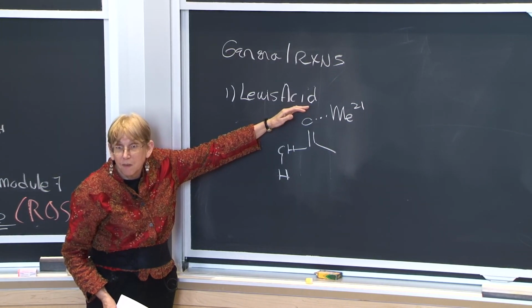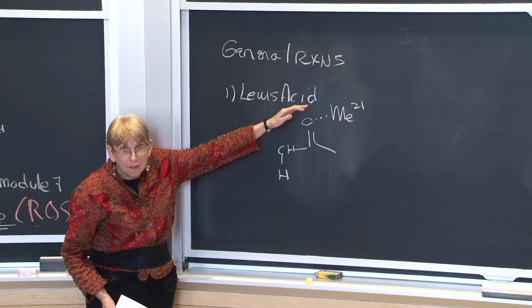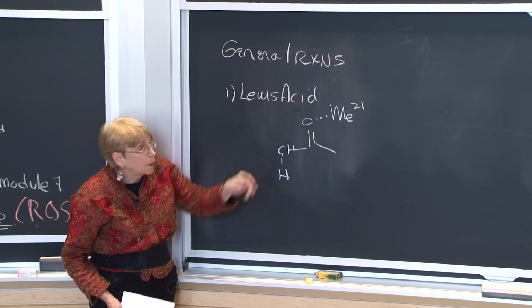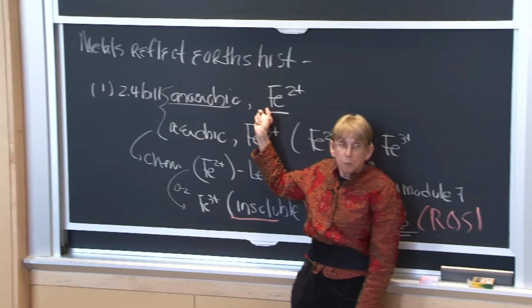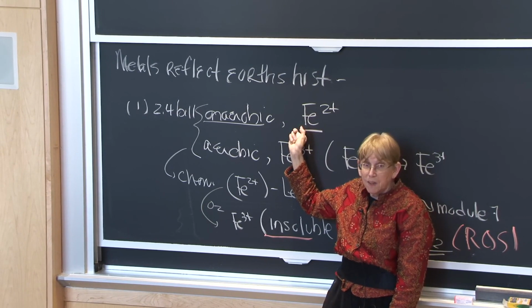Sometimes you use Schiff bases. In aldehyde dehydrogenase, which converts aldehyde to an acid, or reduces aldehyde to an alcohol, they use zinc. In the completely anaerobic world, people thought that most of the time they probably used iron, which was much more prevalent than zinc.